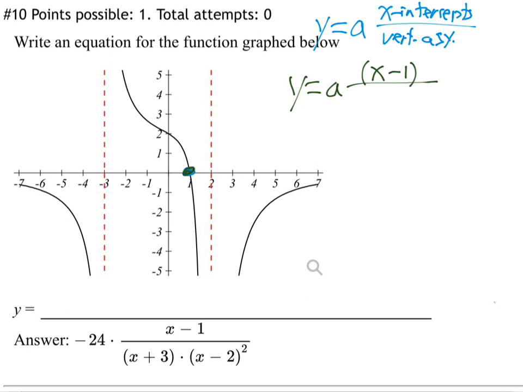Now I want you to think with me a little more carefully. I want you to remember from earlier in Chapter 5, the last exam, how we learned about the difference between bouncing and passing through. Remember that?